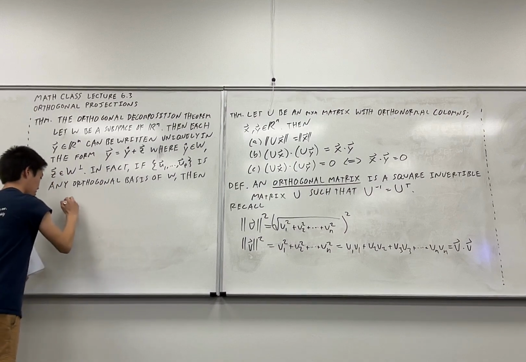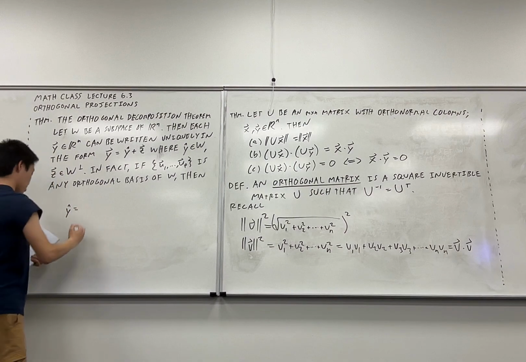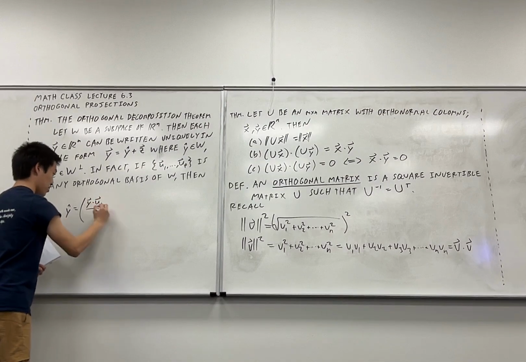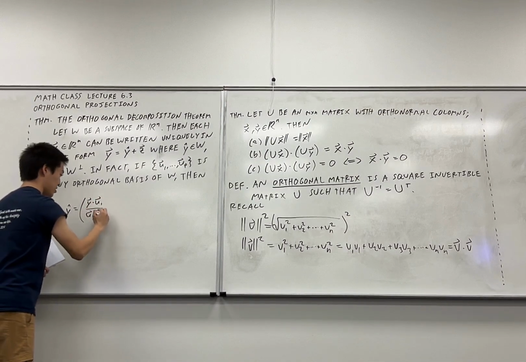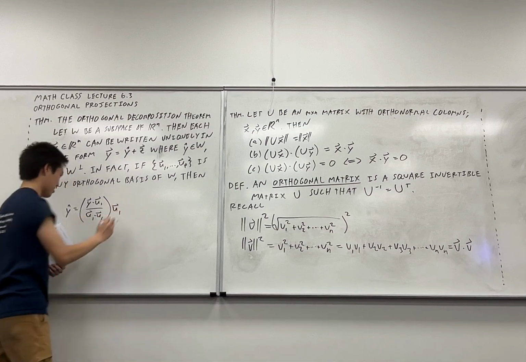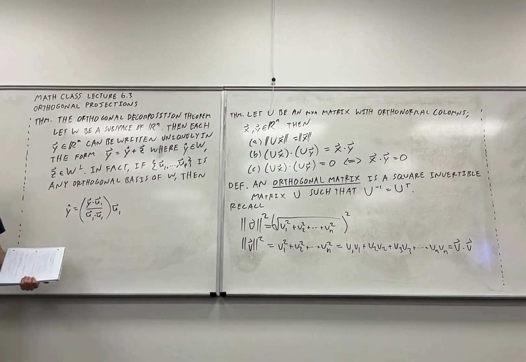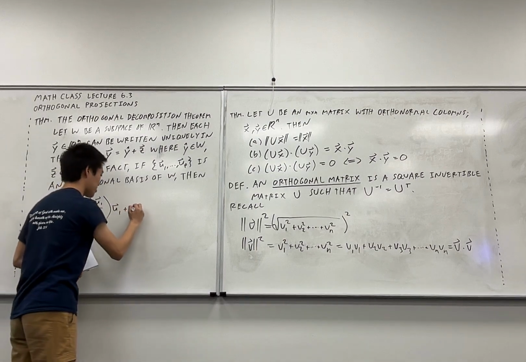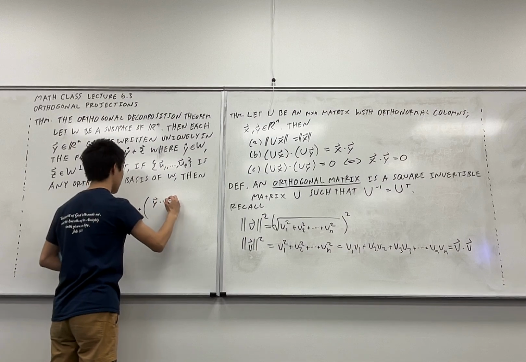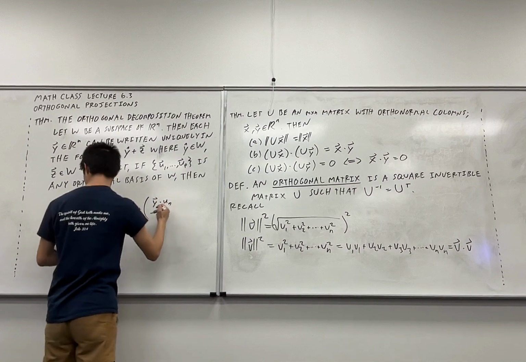Observe that you are learning nothing new. Y hat is equal to y dot u1 over u1 dot u1 times u1, and so on. But now this time we just have it in general, so it's not restricted to anything. So I do this as many times as I'm required to by how many entries are in this set.